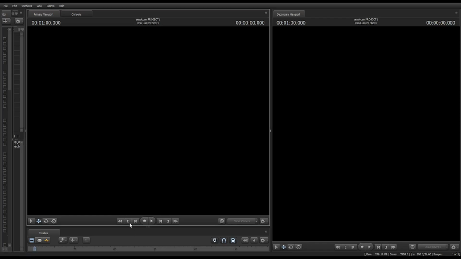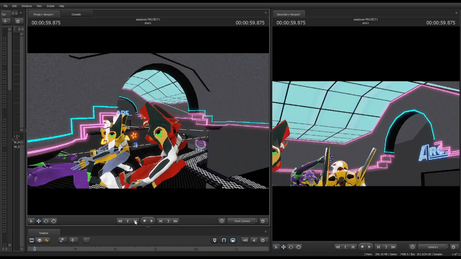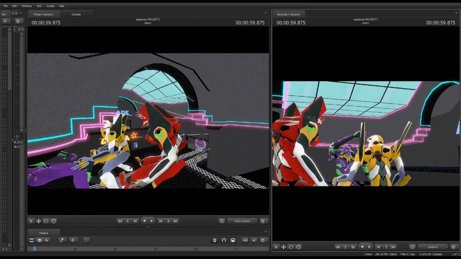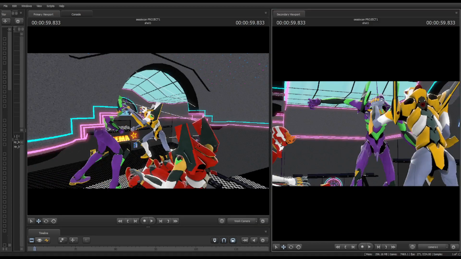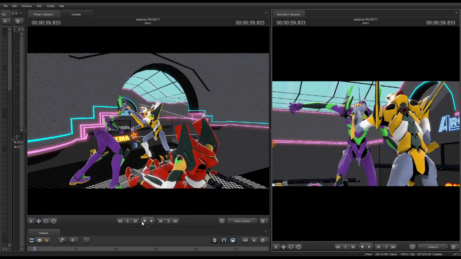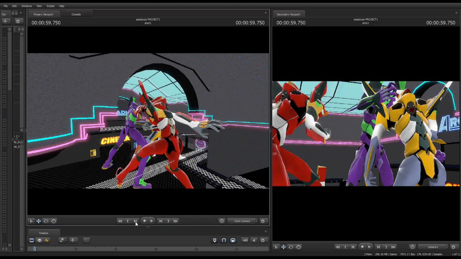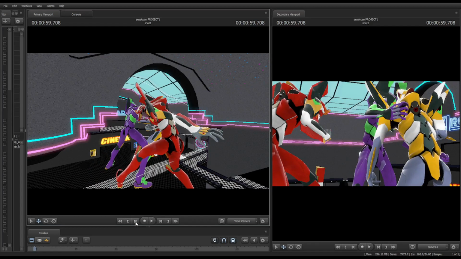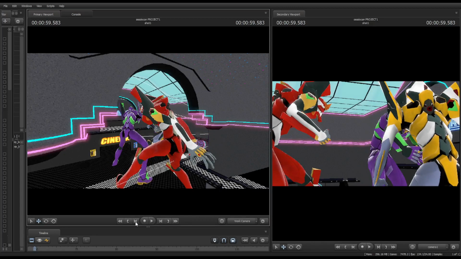Okay, so I'm just going to slide back slowly with the frames so you get a closer look at the individual frames themselves. Hold up.